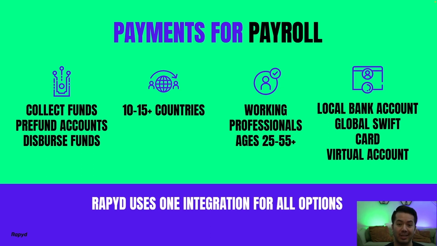You could also send out payments to a card and fill expense a card, but also use virtual accounts built on top of Rapyd wallets. And so all of this can be so complicated. We'll talk a little bit about the network in a little bit, but with Rapyd, this uses one integration for all these options to build into your platform.